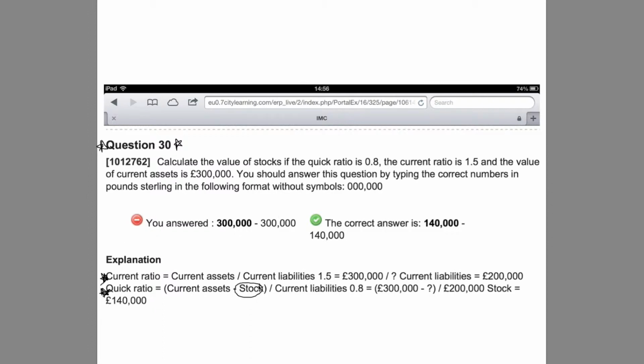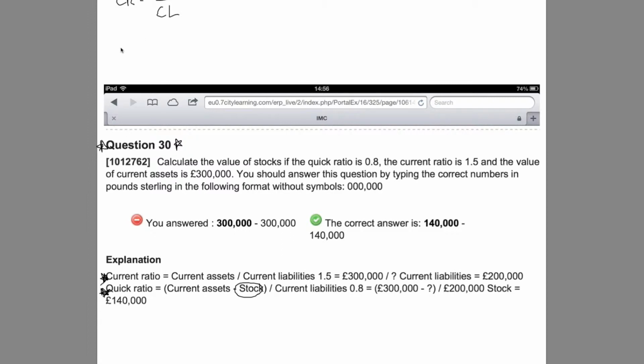So let's have a look at our current ratio first of all. The current ratio is the current assets divided by the current liabilities. Really straightforward. Now what we're interested in is the actual stock price.